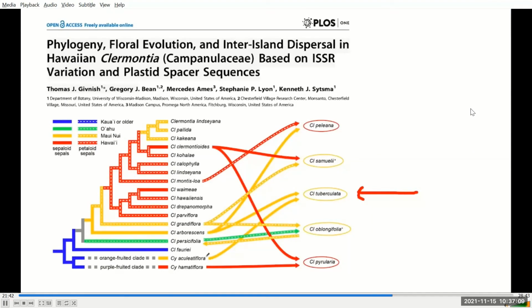Clermontia tuberculata is the only Clermontia with prickles on it. It is found sympatric with aculeata flora, and it made sense that it could be a hybrid. We were able to search all possible combinations of tuberculata with all the other Clermontia, and we found no signs of hybridization. Again, the work that Tom did on this was based on very little data that was available at the time. We have much more data now.